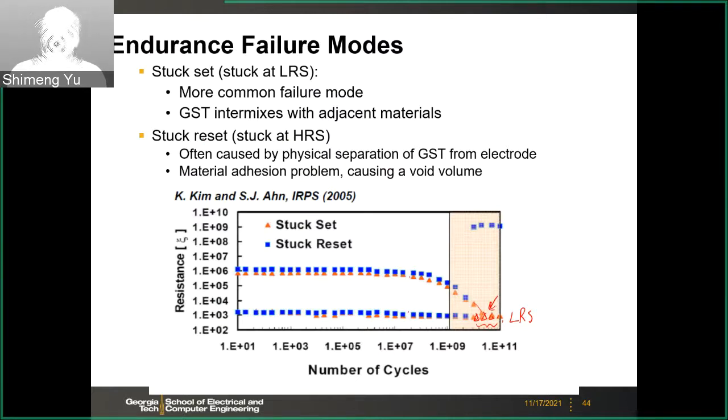And sometimes the device will be stuck at this HRS. This is due to the dual heating. After so many cycles, you may create a void in that region. So here this is the heater, this is the GST. But due to the thermal expansion, sometimes after so many cycles, here you have a void.